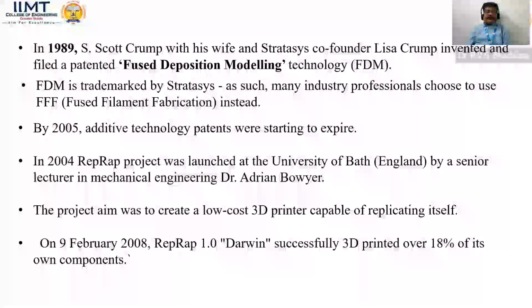By 2005, additive technology patents were starting to expire. In 2004, the RepRap project was launched at the University of Bath by a senior lecturer and mechanical engineer, Dr. Adrian Bowyer. The project aim was to create a low-cost 3D printer capable of replicating itself.